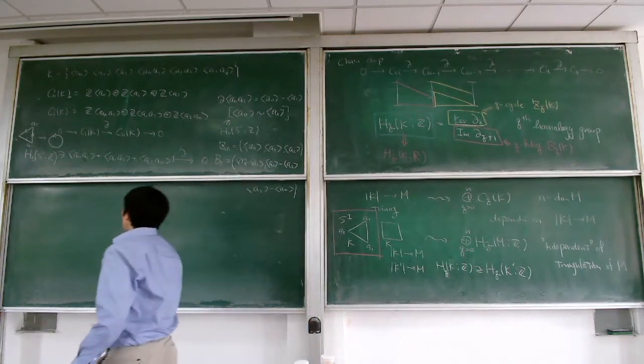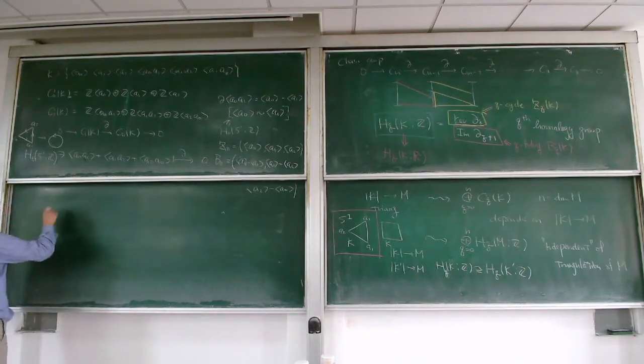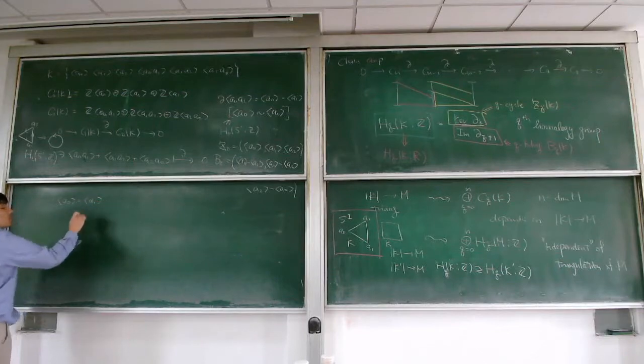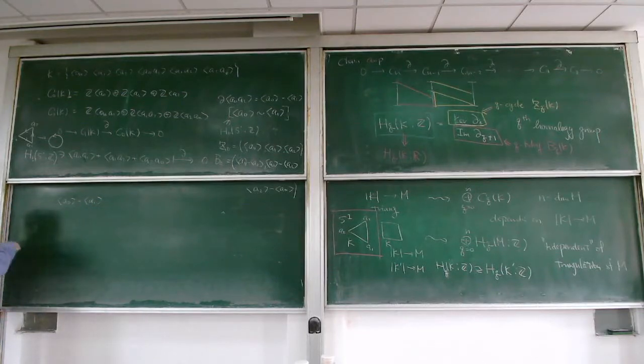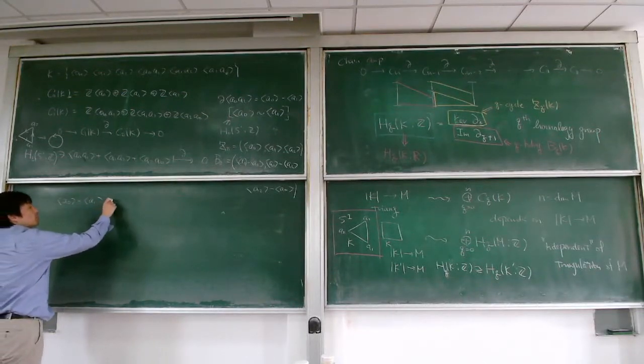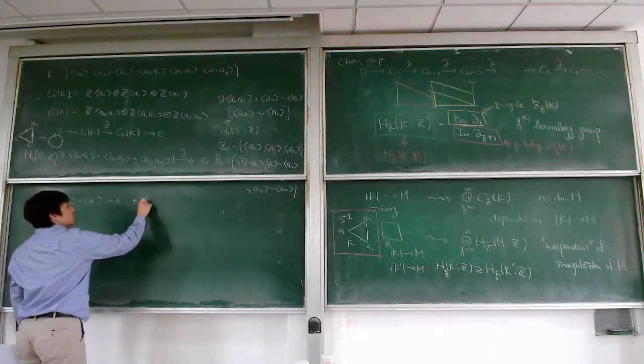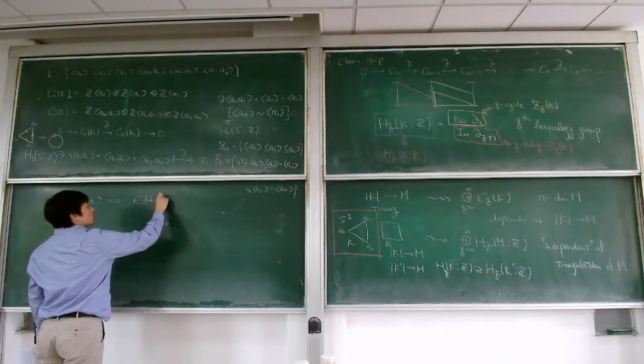So it's a group, so if you have A0 minus A1, okay? So this becomes 0 inside the zeroth homology group.